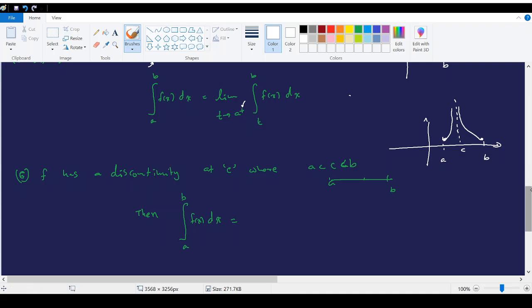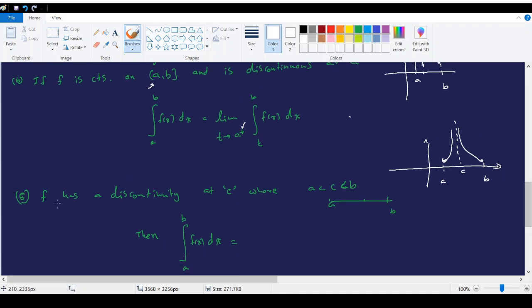Before going into this statement, I should mention one more thing. If this value is finite, we call that the integral converges. That's the same thing that we used in the type 1 integrals also.